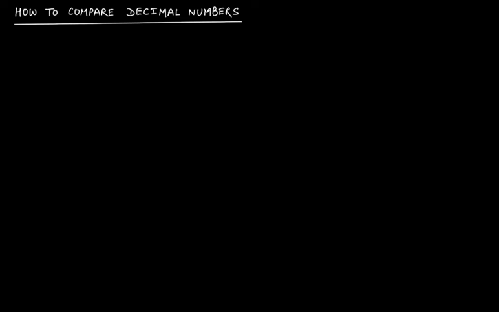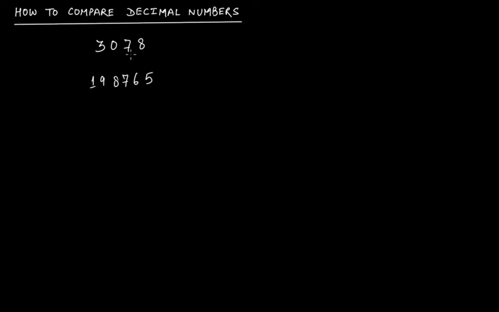So if you have whole numbers 3078 and 198765, and we have to compare these two whole numbers, how do we do this?